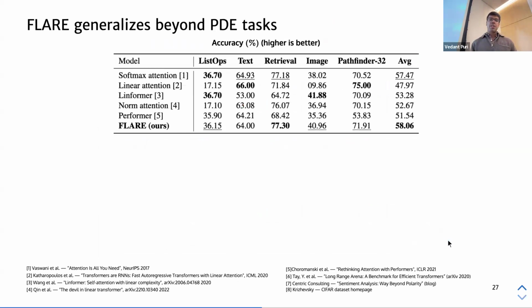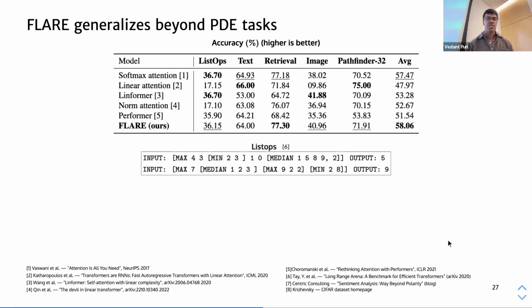Okay, so beyond partial differential equation benchmarks, we're happy to report that Flare does extremely well on a set of long sequence length general transformer tasks, such as these recursive mathematical operations called list ops, where the model is supposed to solve these mathematical puzzles.